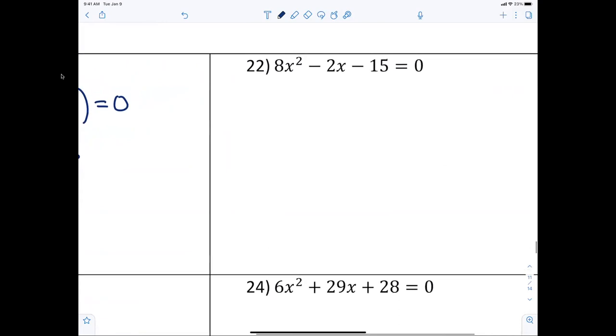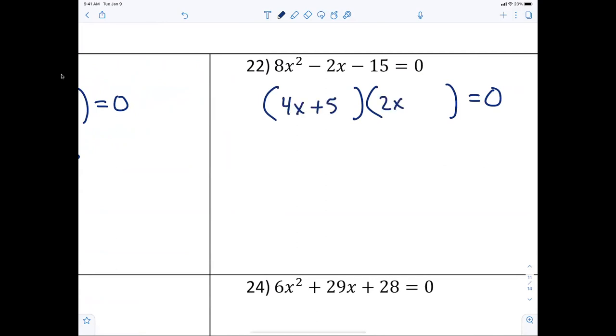Let me give you a second to factor number 22. Should be kind of easy. Is it 4x plus 5 and 2x minus 3? 10x right here and negative 12x. 10 minus 12 is your what?